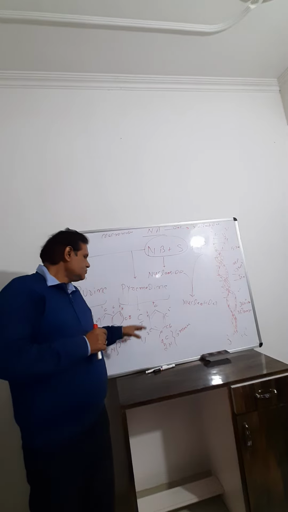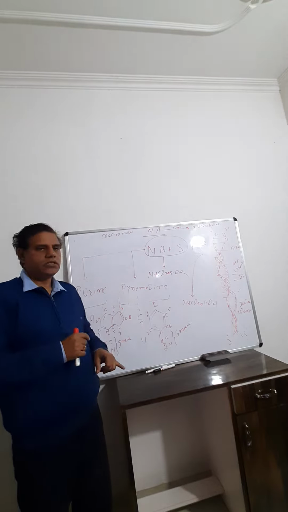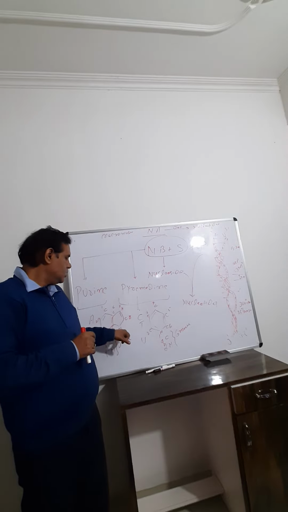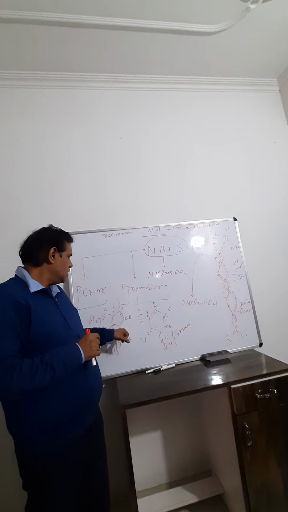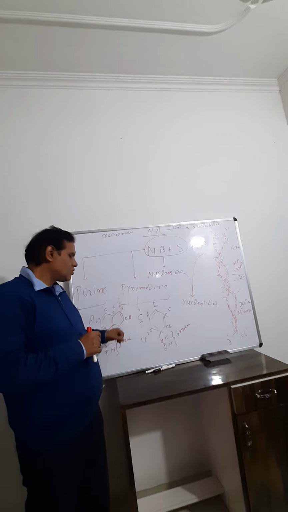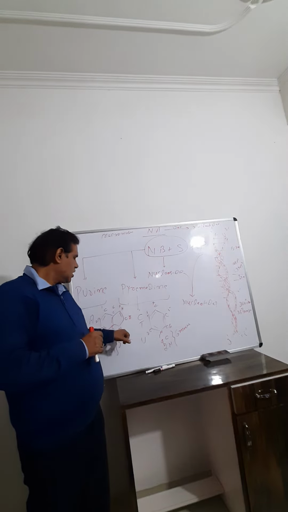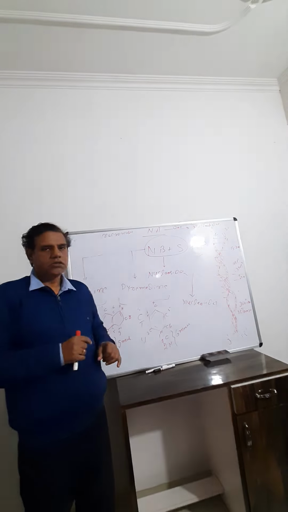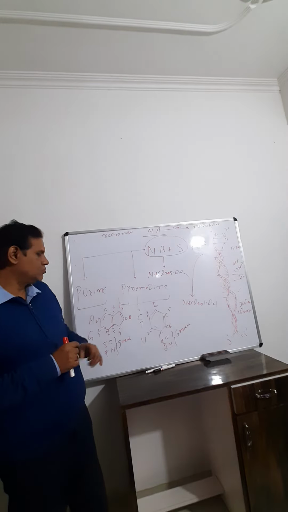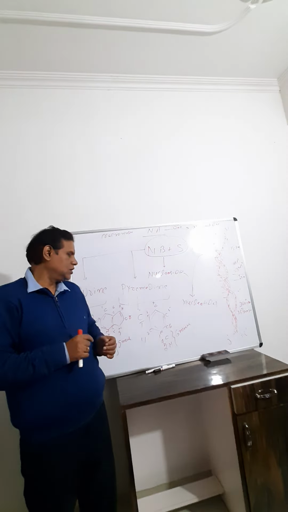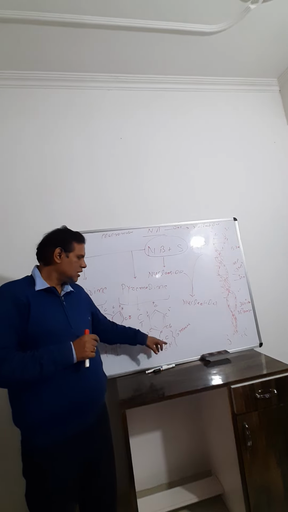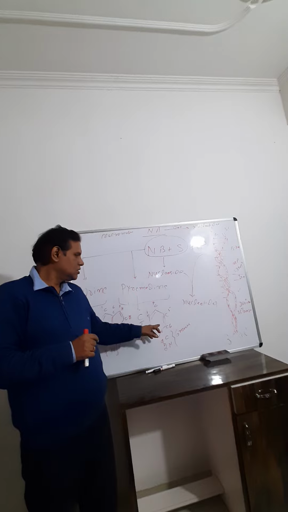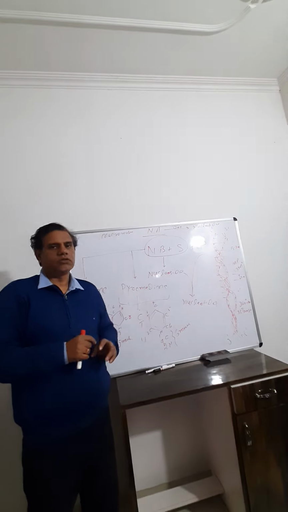And the sugar is attached in purine at N9 and C1. N9 means N9 of adenine or guanine, that is purine, and C1 of the deoxyribose sugar in DNA and ribose sugar in RNA. But an N1-C1 bond, that is a glycosidic bond, is present between pyrimidine and sugar.